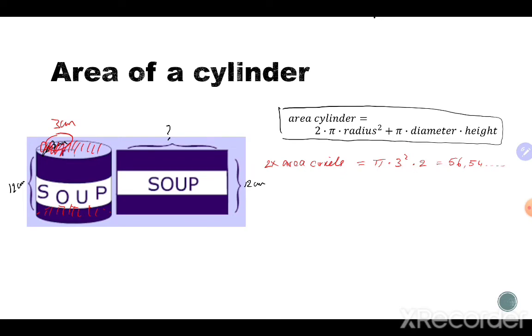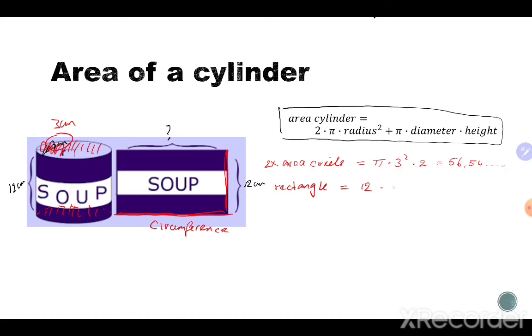Alright, so if we talk about the rectangle, we need the height, of course, the 12, multiplied by the length of the rectangle. The length of the rectangle was also the circumference of the circle.